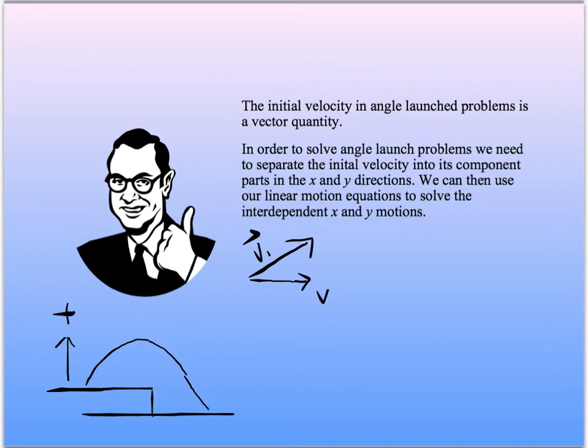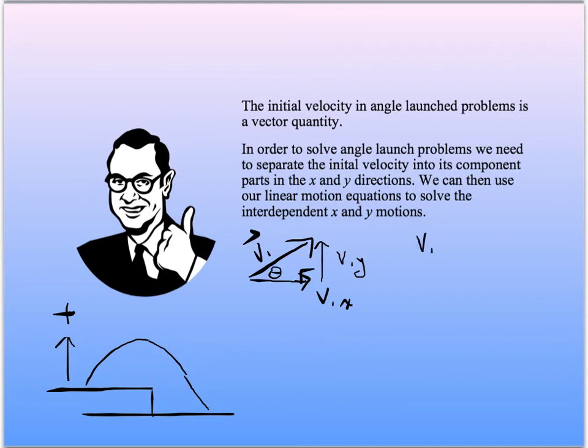So this would be called v1x. It'll also have an initial vertical component of v1y. And as you can see, this is a right angle triangle, and if that's the case, we call this angle theta.